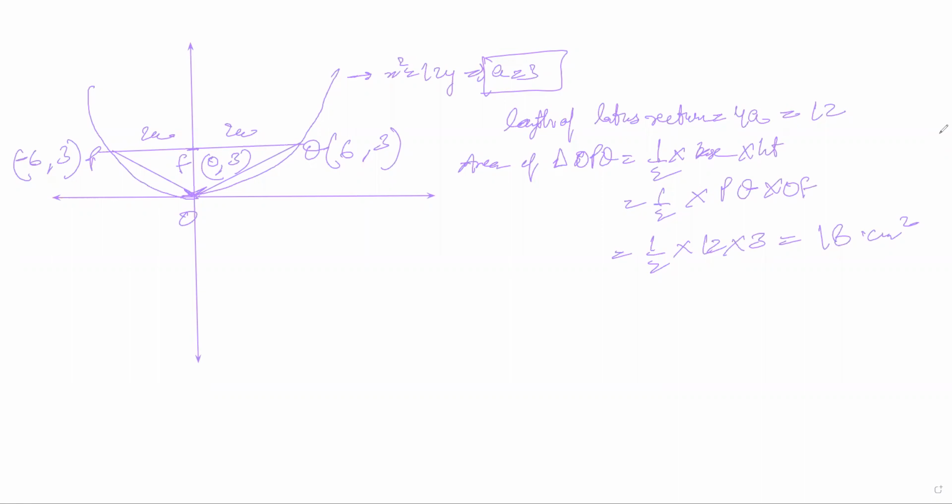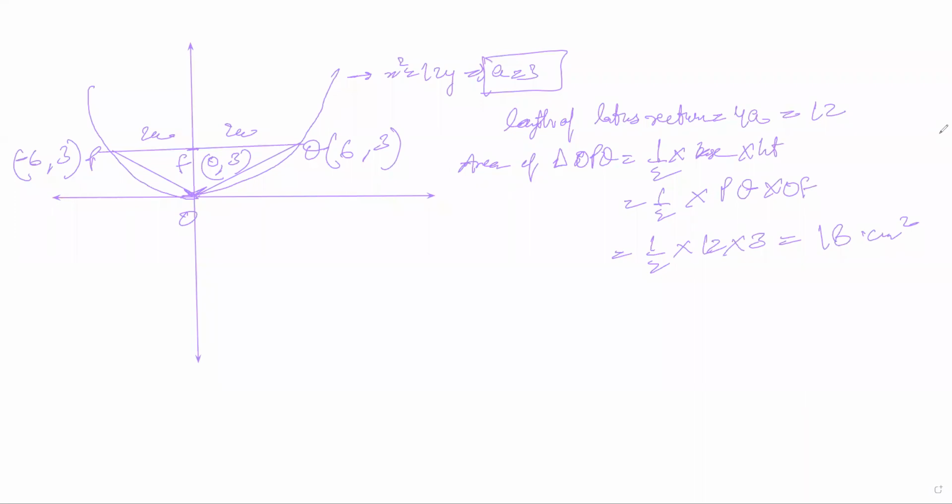A man running on a race course notes that the sum of the distances from the two flag posts from him is always 10 meters. There are 2 flag posts, and if the man stands at any point on this course and finds the sum of the distances to both flag posts, it always comes to 10. And the distance between the flag posts is 8 meters.